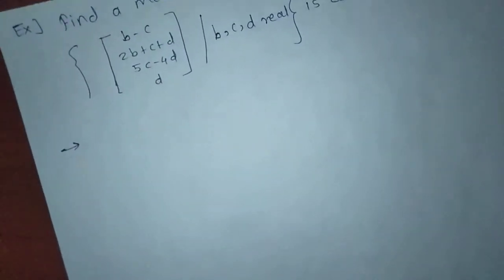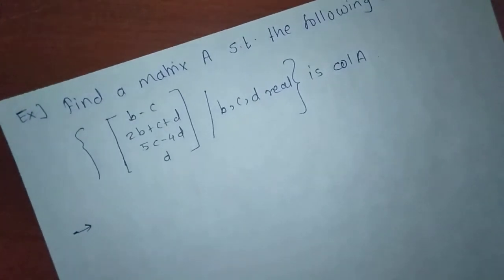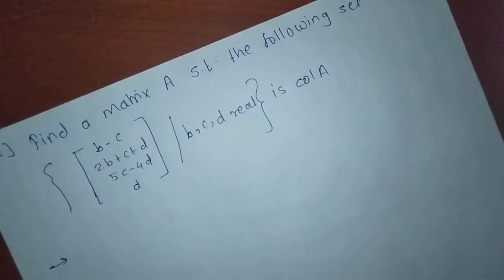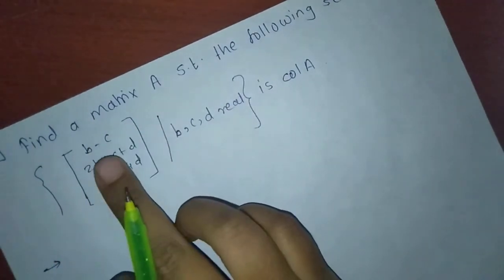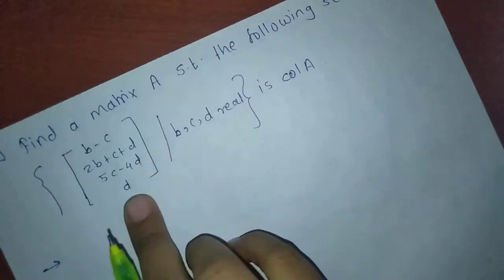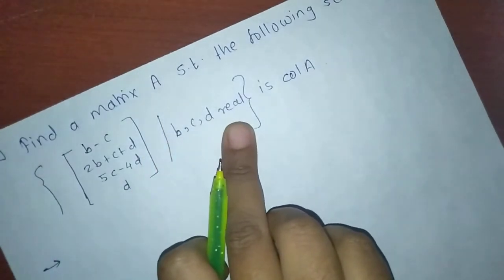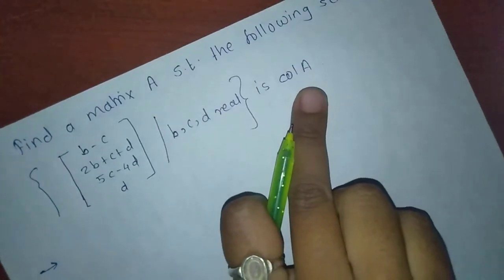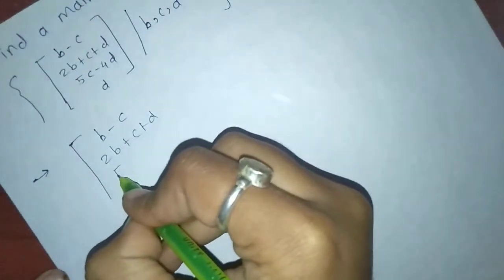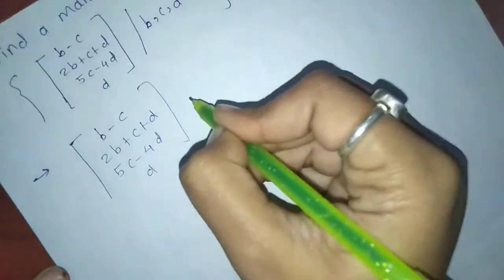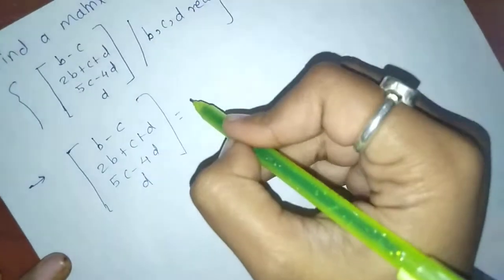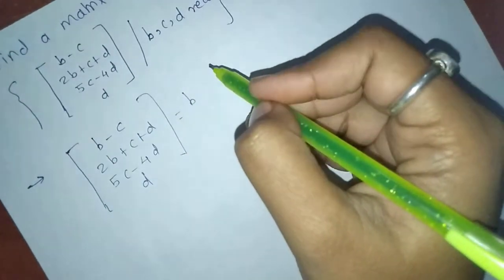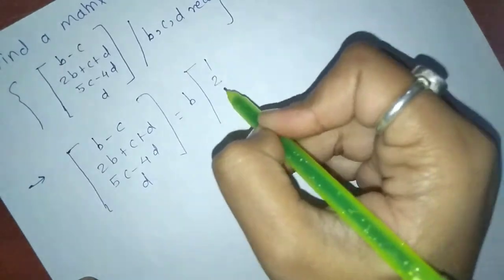Next example, find matrix A such that the following set, B minus C, 2B plus C plus D, 5C minus 4D, D, such that B, C, D belong to real numbers, is column space of A. Given B minus C, 2B plus C plus D, 5C minus 4D, D. Now first take B common and put C equal to 0, D equal to 0, we get 1, 2, 0, 0.